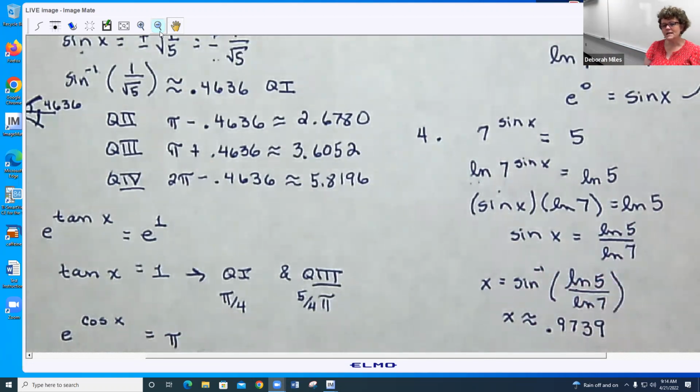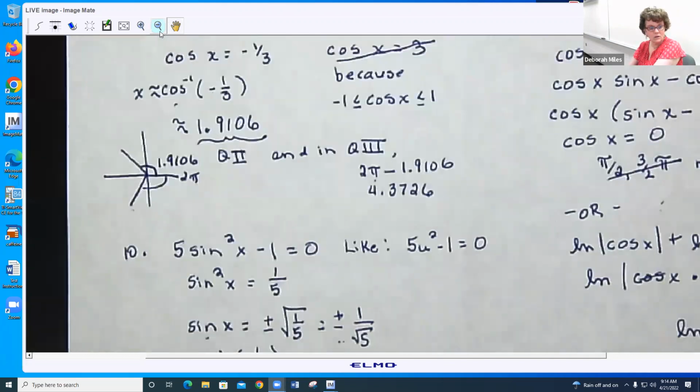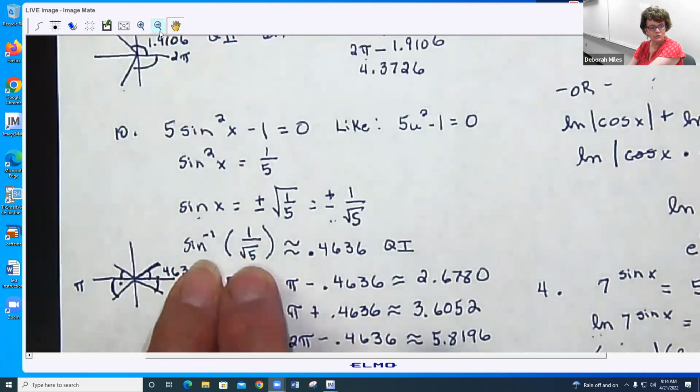But can you think of why there's another answer? It's kind of like this one, where we had to use inverse sine to find an angle. And then we said, oh, there's not just one angle where sine is that.